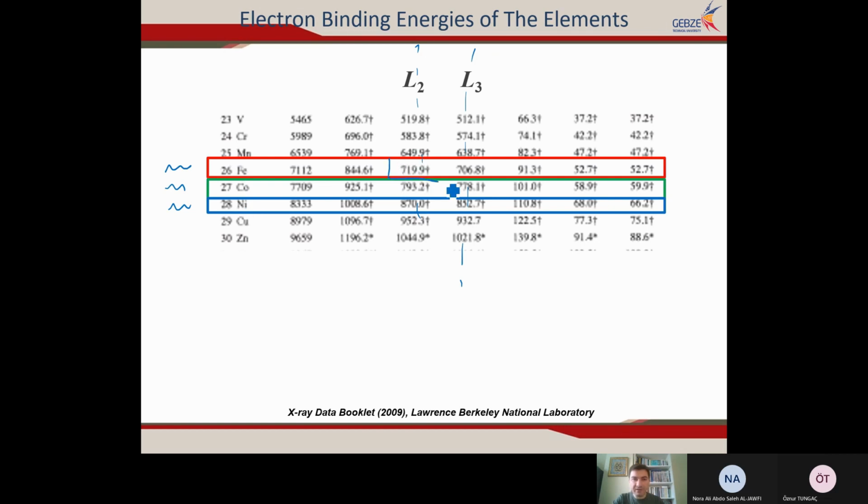And you see here the energy range for iron, for the L2, L3 energies, and these are the energies for cobalt. These are the energies for nickel. As we have discussed in the XRMS method, these energies are element specific, okay? Depending on the element, you have different binding energies, and it goes for copper and zinc also.